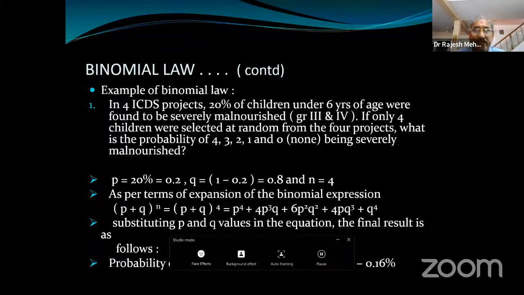Instead of four ICDS projects, there can be four wards, four batches of students, four villages, four associations. Instead of four, you can have six setups.